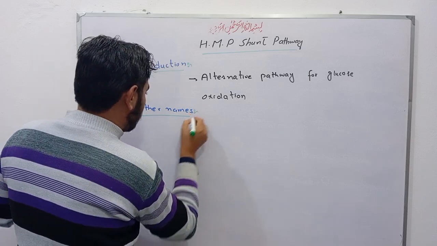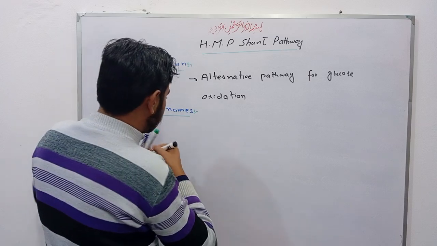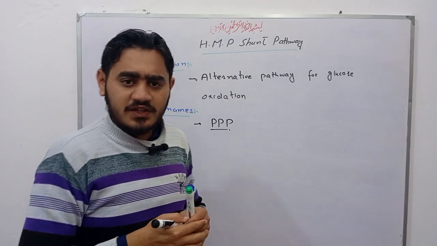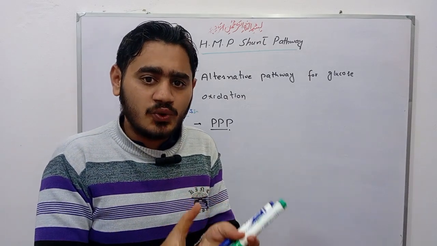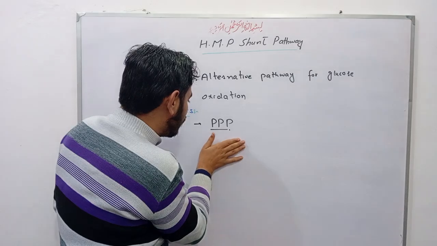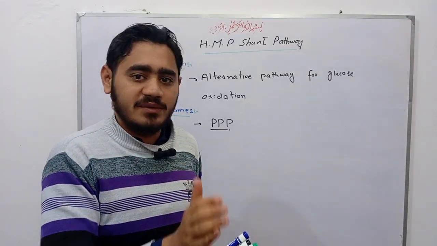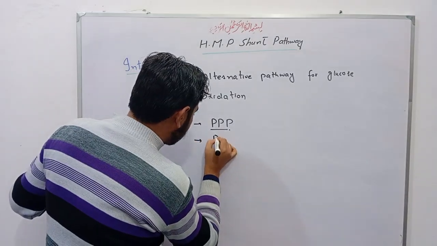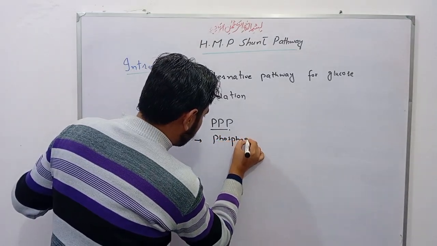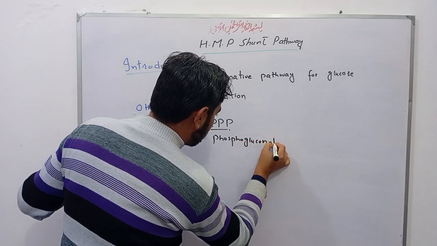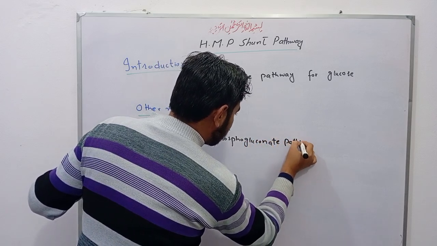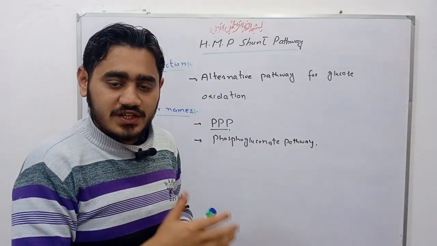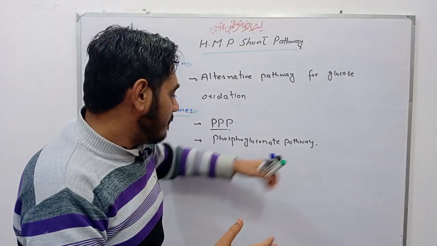The first one is pentose phosphate pathway, because in this pathway there is synthesis of a number of pentoses, so that's why it is called pentose phosphate pathway. Pentose means 5 carbon atom containing sugar. The other name is phosphogluconate pathway, because this is the first intermediate that forms in this pathway, so that's why it is called phosphogluconate pathway.